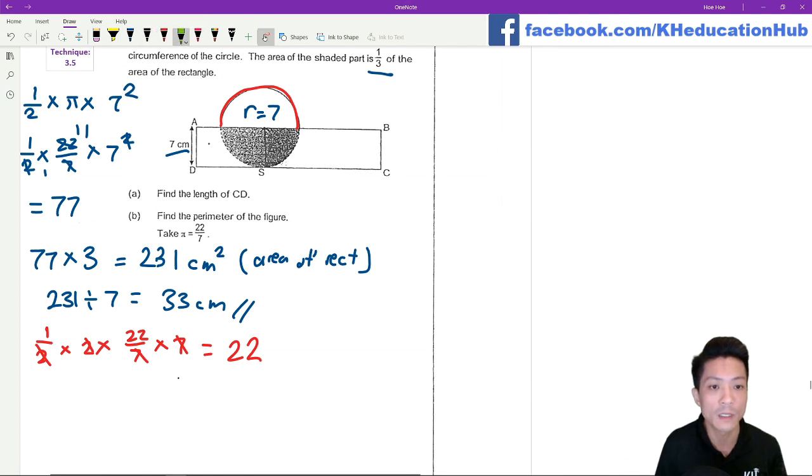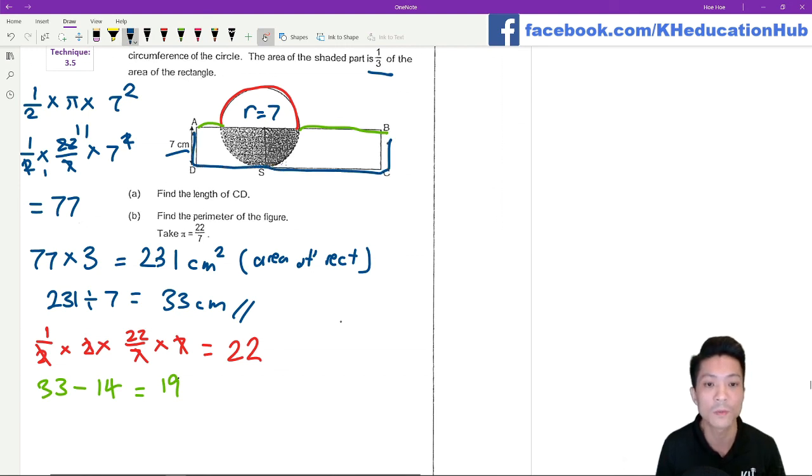Next, I'm going to find the green part here. The green part here is basically 33 minus away the diameter, which is 14. Now I just add the rest, which is these 3 parts.